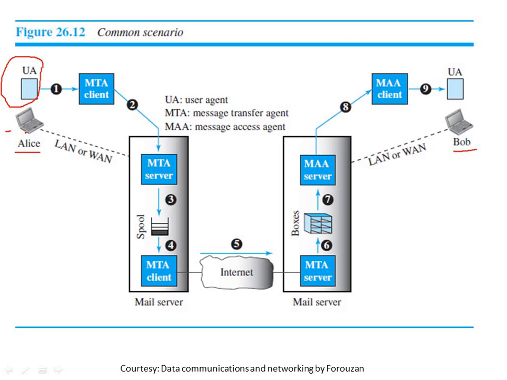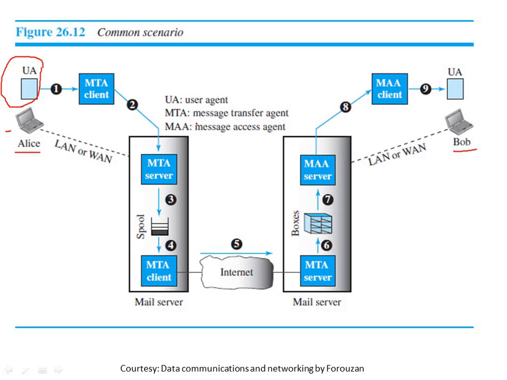Alice is using a terminal, and this terminal is associated with the user agent. Now this user agent is connected to the MTA client, because this is a client, and this is also a client. What is MTA?